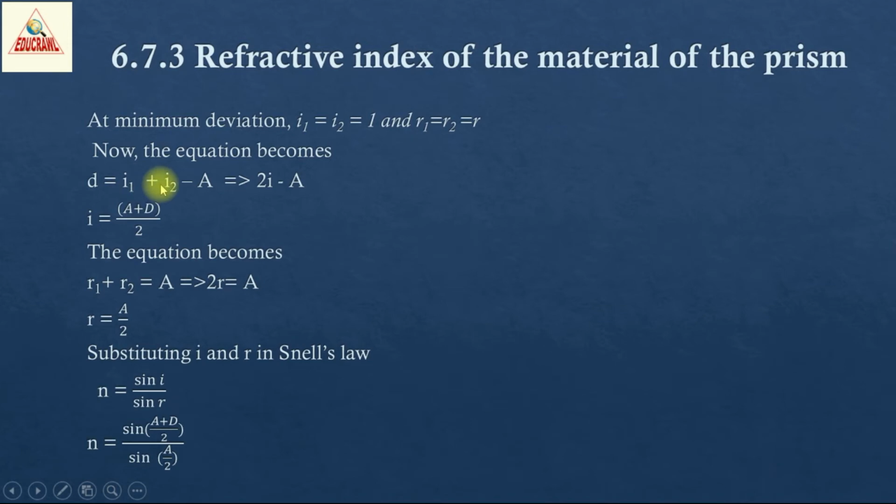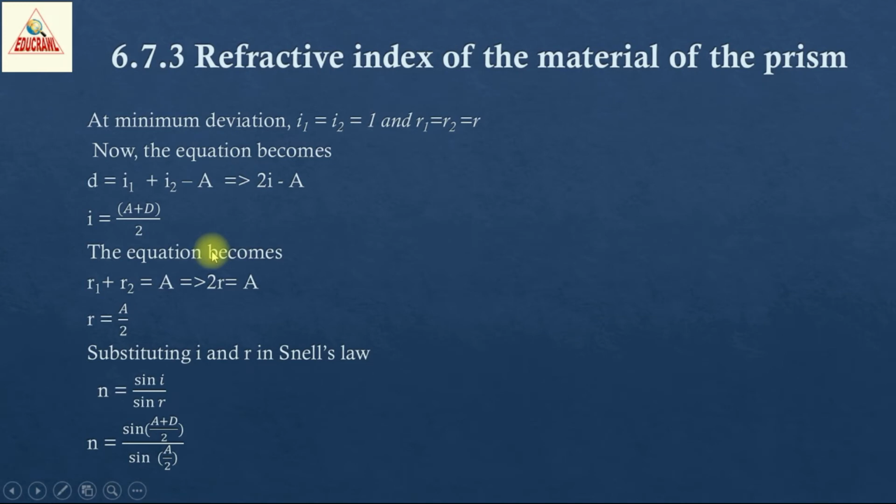So D is equal to 2I minus A. From this we find an expression for I. Take the D this side, so the equation becomes I is equal to (A plus D) divided by 2.